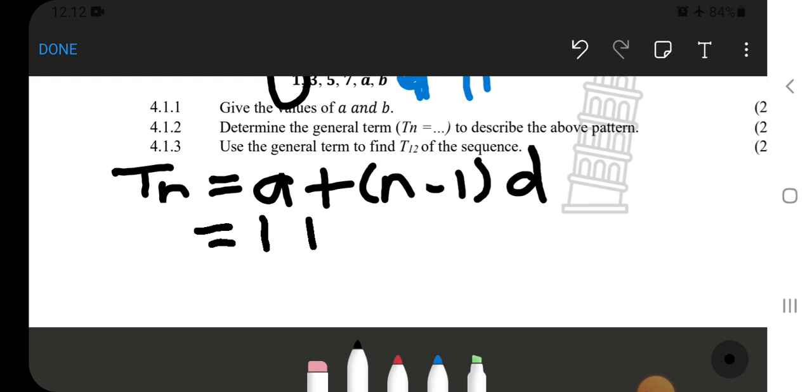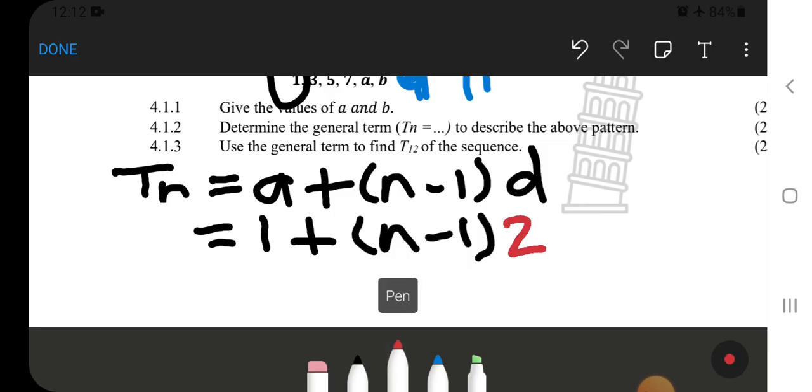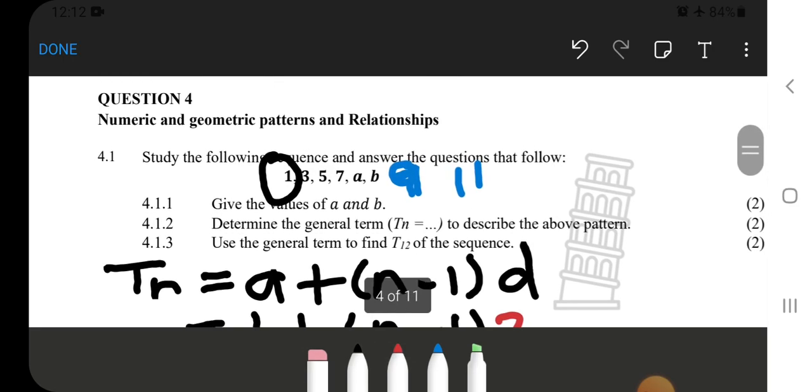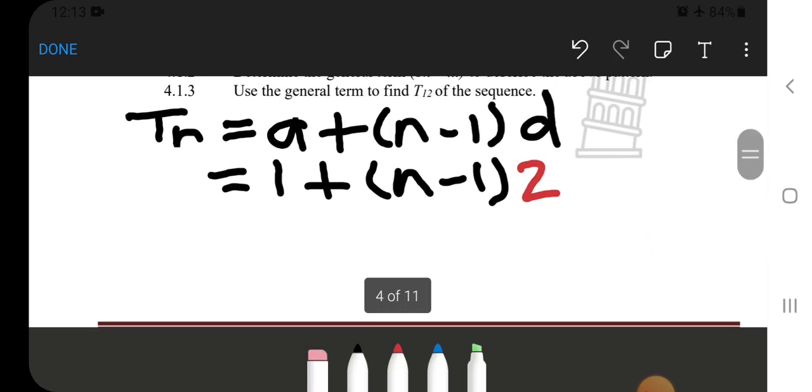equals 1, plus, we don't know the n, equals 1, and then the difference is 2. 2 is the one that we get when we subtract term 1 and term 2, term 3 and term 4. We get 2. So this is how you will have it.